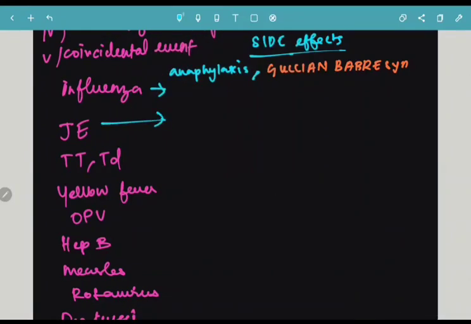Now Japanese encephalitis vaccine causes certain neurologic events.